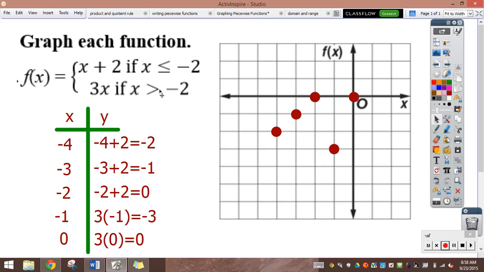So that means that I have to have an open circle at negative 2, negative 6. So negative 2, 2, 3, 4, 5, 6, and it needs to be open, so I'm just going to white out some of this here to show that that is an open circle, not a closed circle.